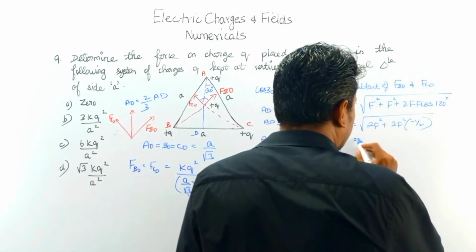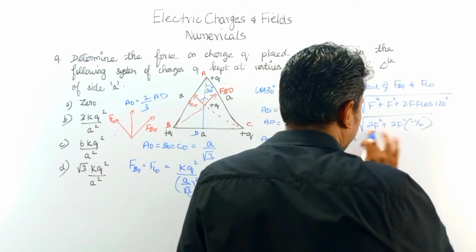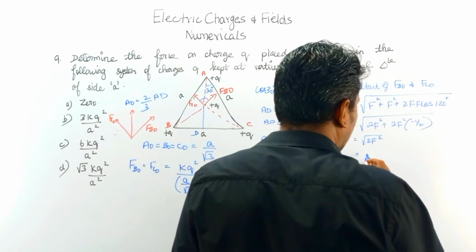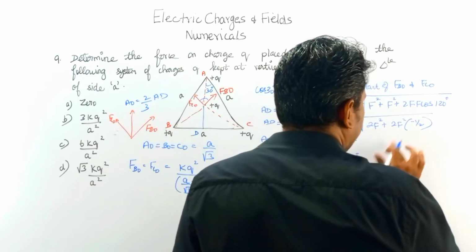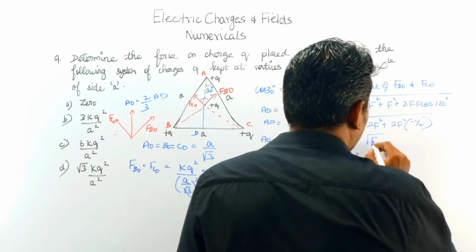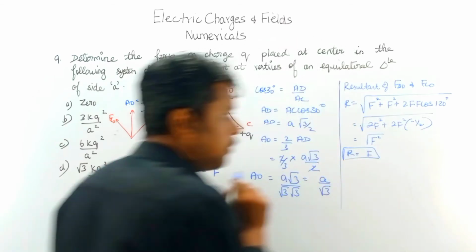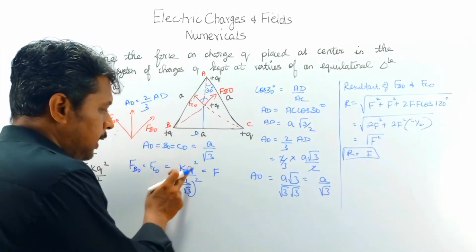So we get 2F square minus F square, which is the square root of F square, equal to F. So we have got the resultant value as simply F, that is K Q square by A by root 3 the whole square.